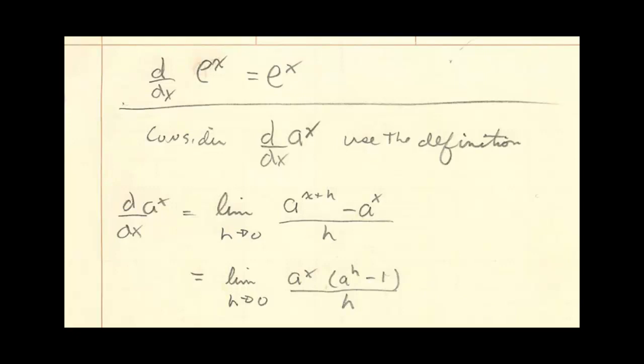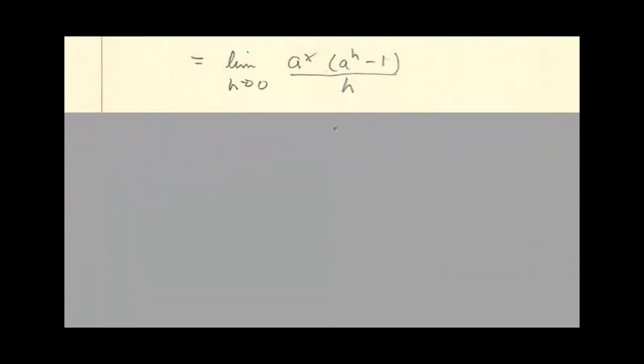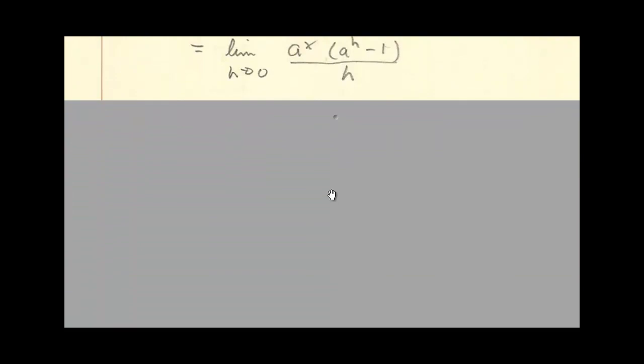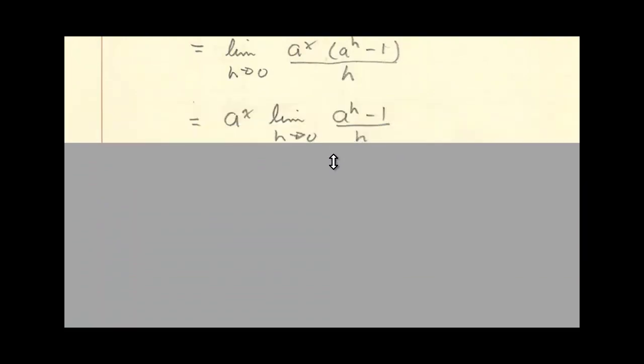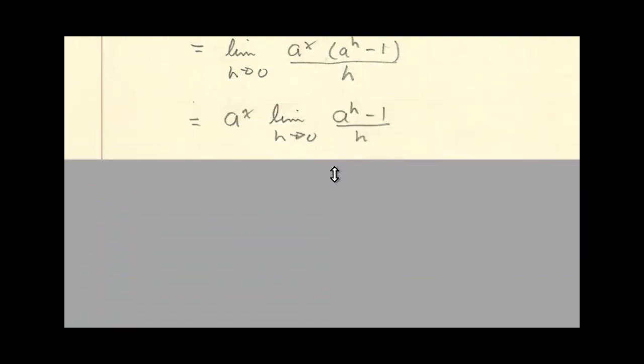So let's take a look at doing that. We pull that out in front of the limit, and what we see here is that the derivative of a to the x is actually just a to the x times something that turns out to be just some number.